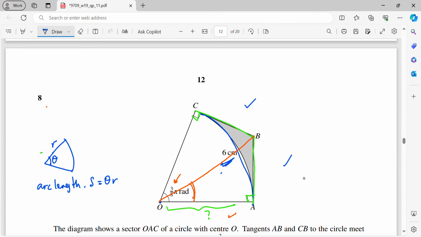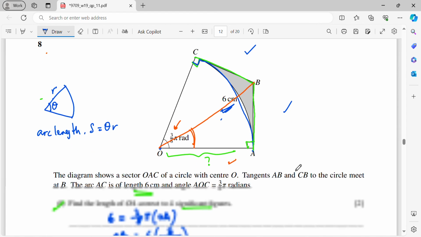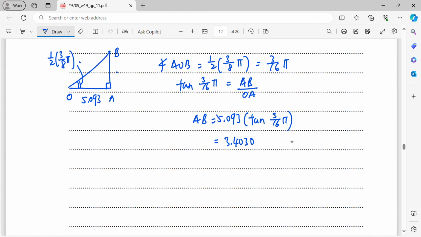Now, since triangles CBO and ABO are equal triangles, because they are sharing the same line OB, that is the hypotenuse for both triangles, which means BC is same as AB. So here I will write BC is same as AB, which is 3.4030.